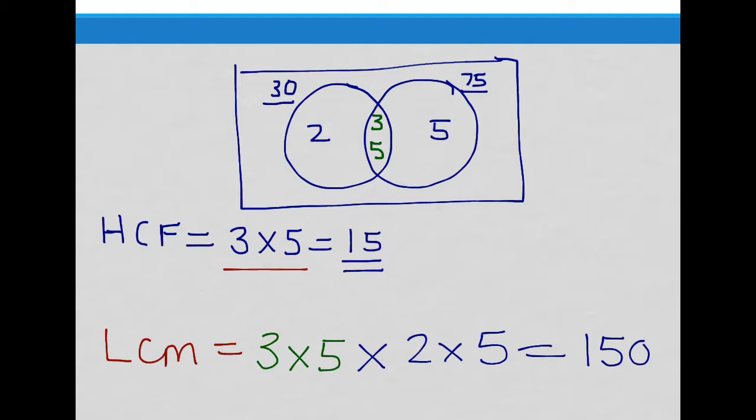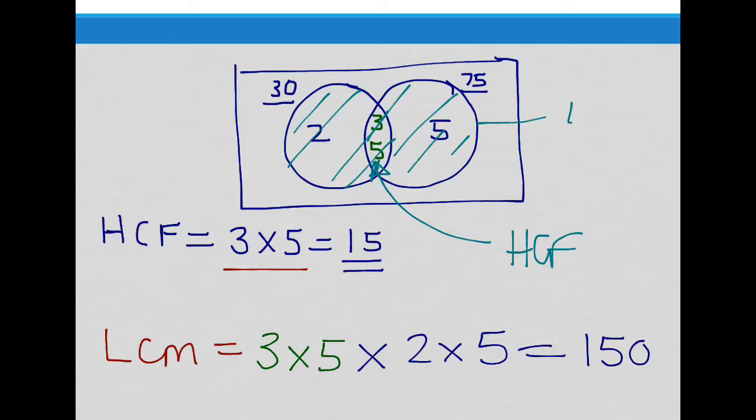And just to recap, I think you do need to pause this video in a moment and write all of this down. When we look at this, we want to make sure that we realise the intersection gives me the highest common factor. But if I look at everything that goes in all of these, I'm going to shade it in, that gives me my lowest common multiple.